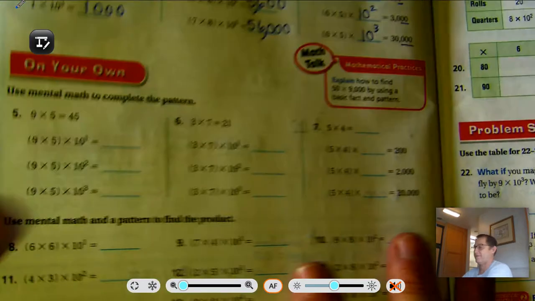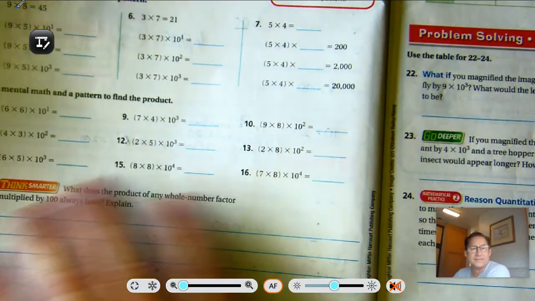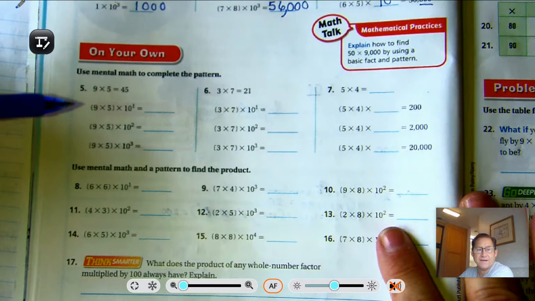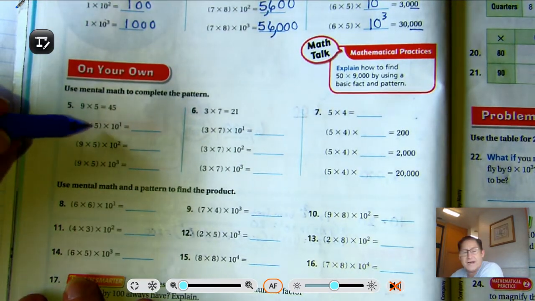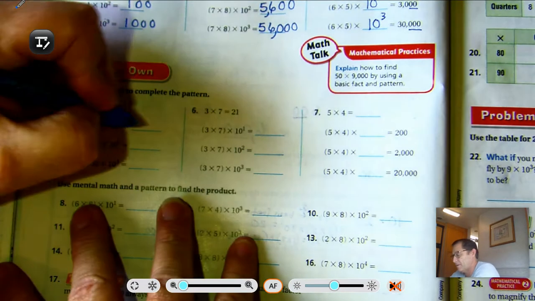Okay, let's continue. Number 5. Our basic math fact is 9 times 5. So what would be 9 times 5 times the first power of 10?